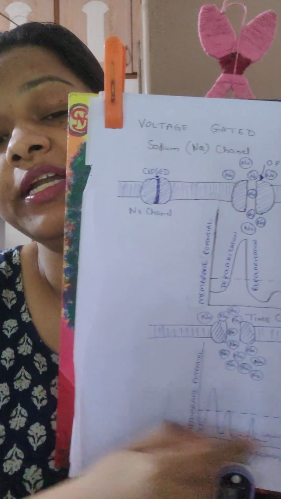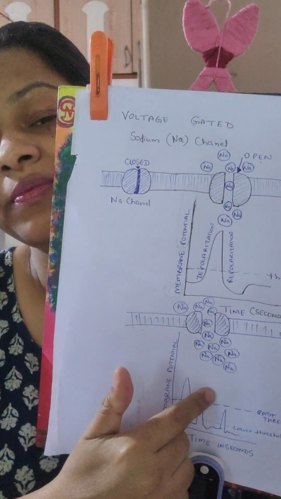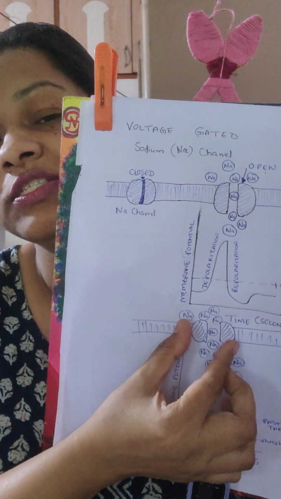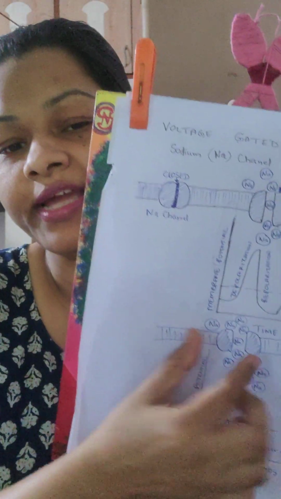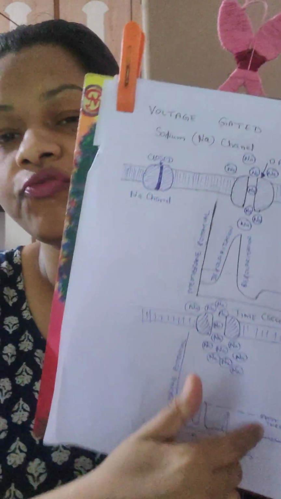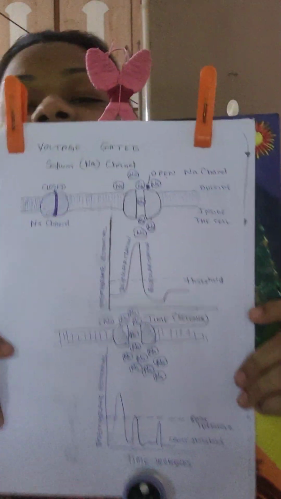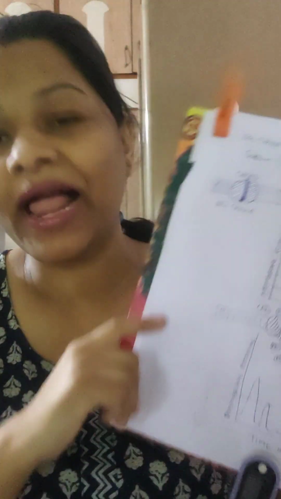Because the channel is not closed at the normal rate, more sodium is there, more firing is there, and it can result in cellular malfunctioning.